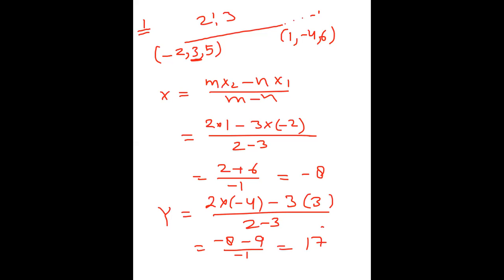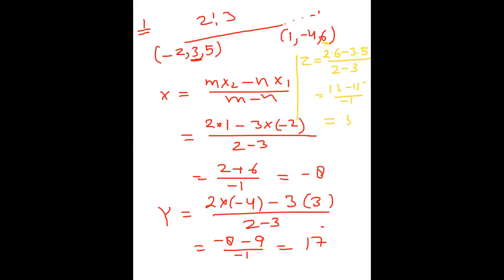Now here itself I am doing it, because on the next sheet it will become tough. z equals mz2, m means 2, z2 means 6, minus n means 3, z1 means 5, upon m minus n, that is, sorry, 3. 12 minus 15 upon minus 1.